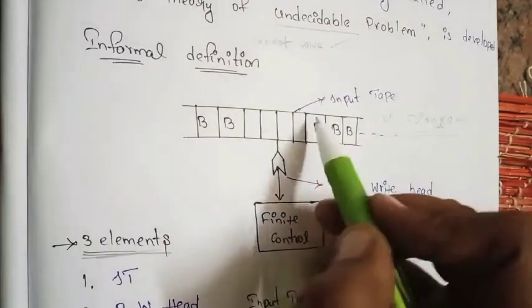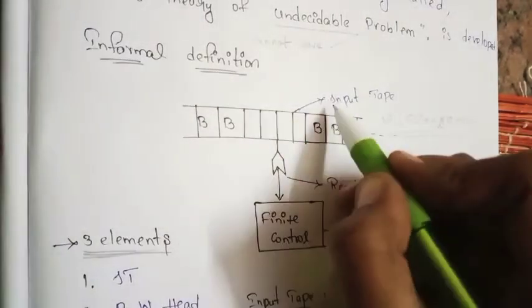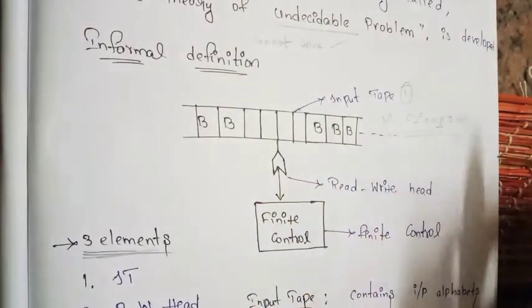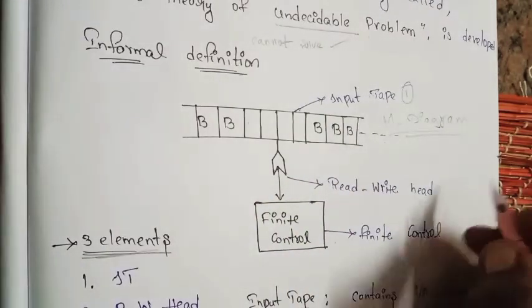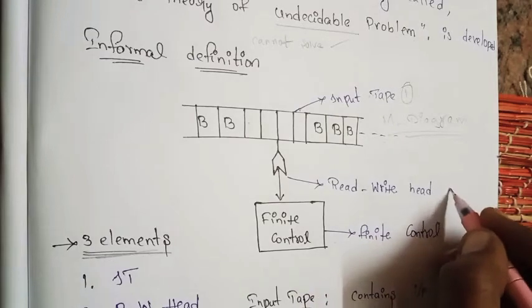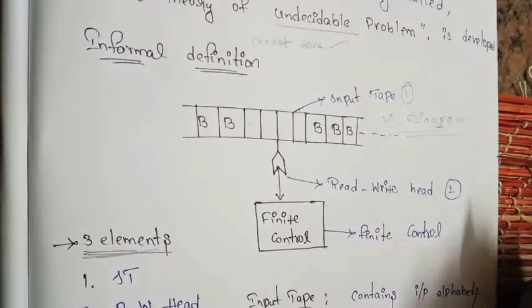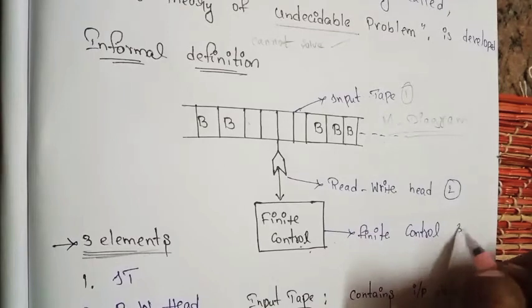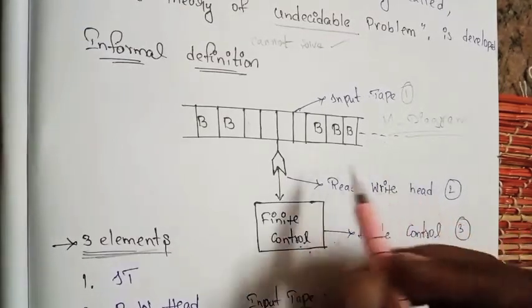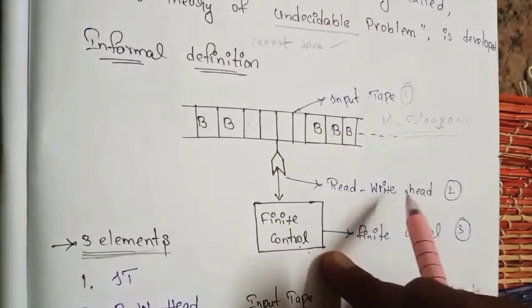So here this is the input tape. Input tape is the first element. Then read write head, this is the second element. Then finite control, this is the third element. See guys, this is the mechanical diagram.